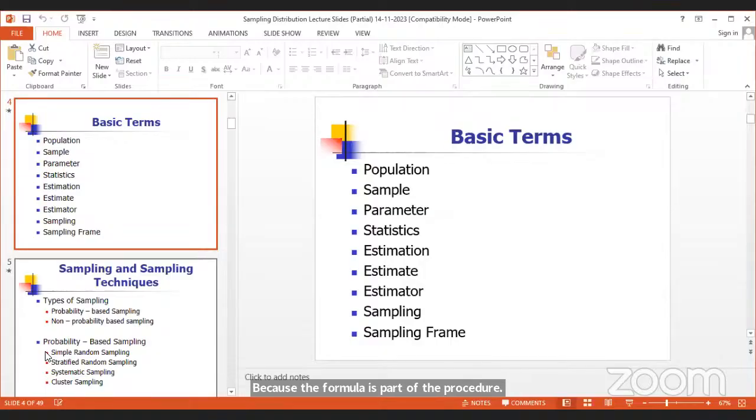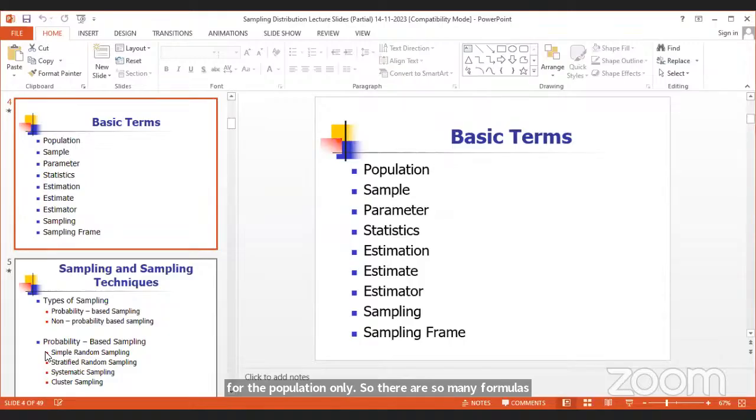So if I want to estimate the population parameter, maybe mu, the population mean, the formula for it is x bar, summation x all over n. That is the estimator for the population mean.